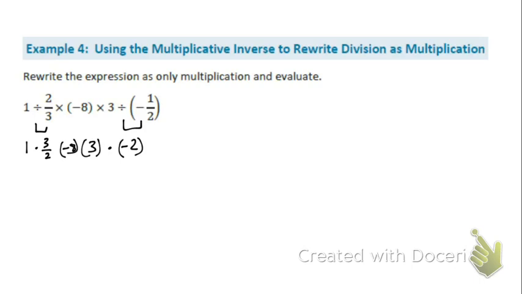Remember, if we're just multiplying a bunch of numbers, multiplying by 1 doesn't do anything. So that 1 we could kind of just ignore. Negative 8 times 3 over 2. Let's see. I'm gonna do it on the side, just so the problem doesn't get messy. So negative 8 over 1. Cross cancel.